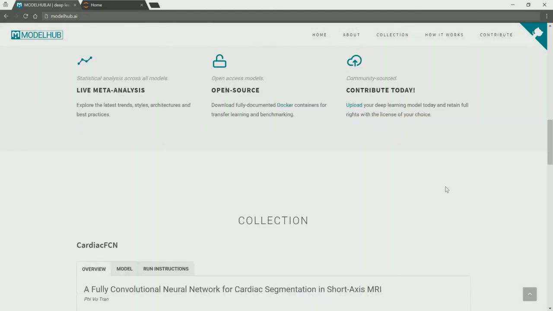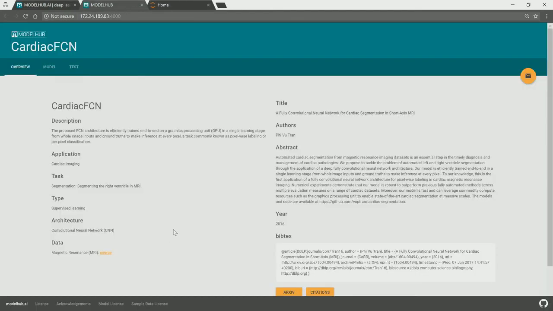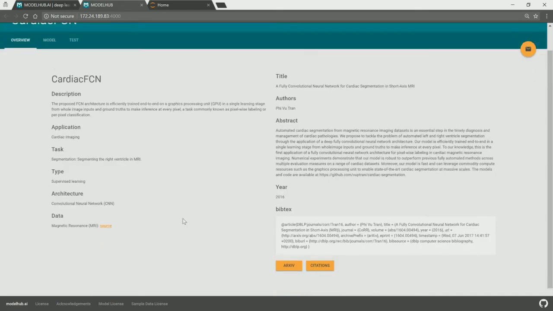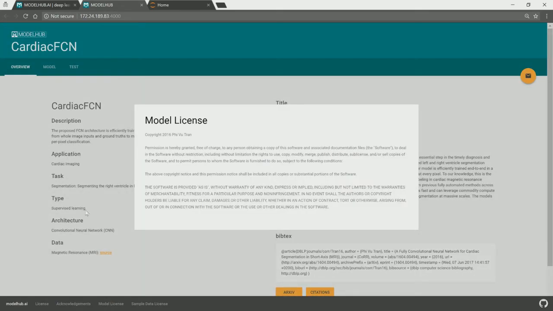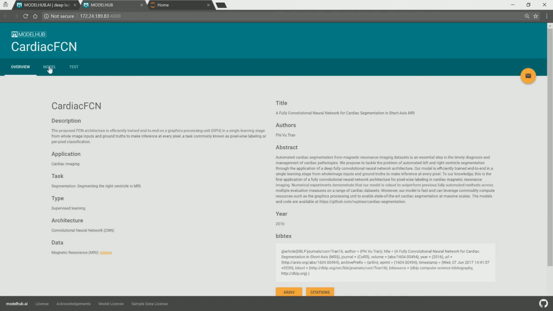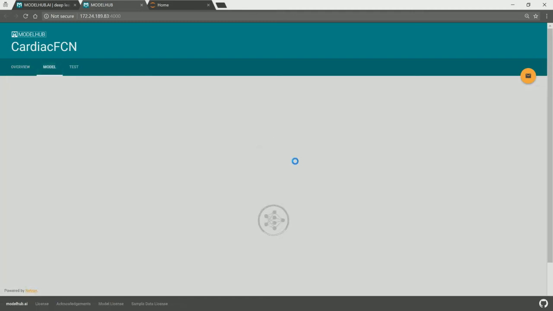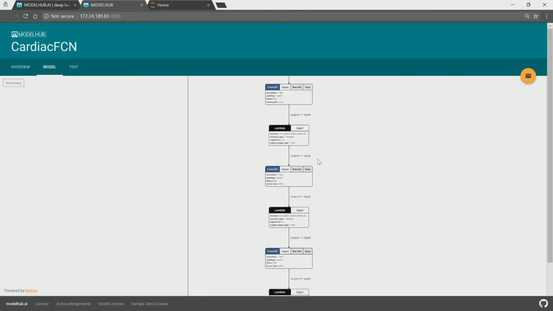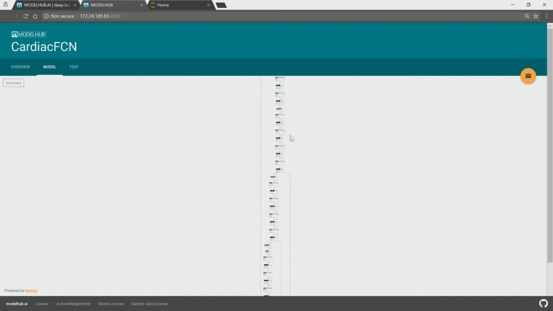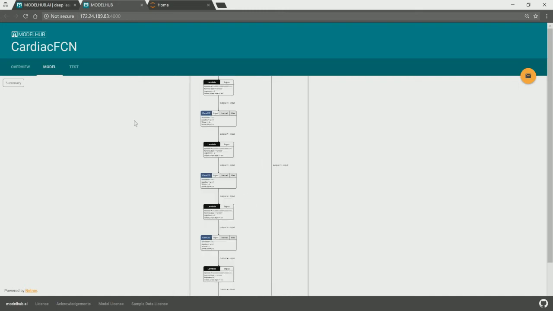Okay, so to give you a rough idea, this is our test drive mode. Here we have general information about the model and associated papers, with licenses. We also integrate multiple open source model viewers to understand the layers in the network.